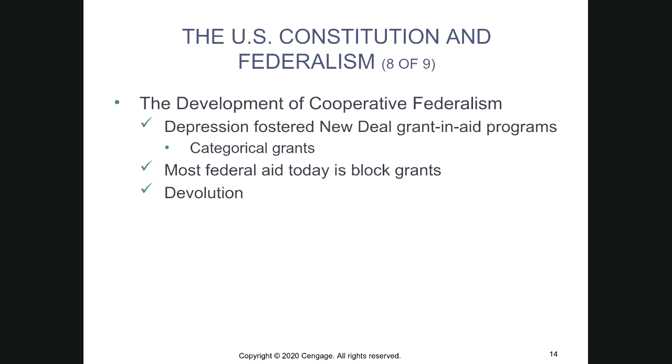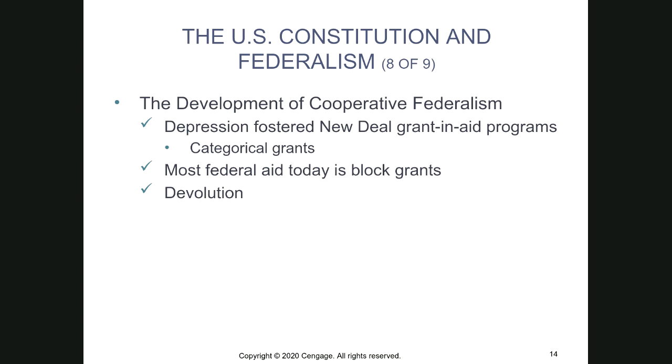It was saying, here you go, states, here's some money, go invest in your infrastructure, go invest in other public works, and in exchange, you don't have to pay us back. Now, at the time when this was very first instituted, we saw a lot of categorical grants being handed out. And when we say categorical grants, we're talking about grants that are a little bit more restrictive.